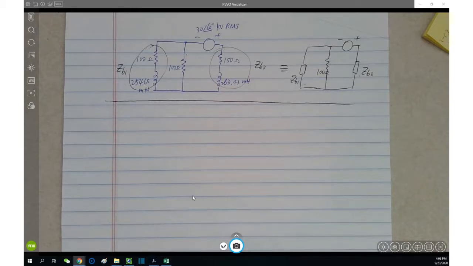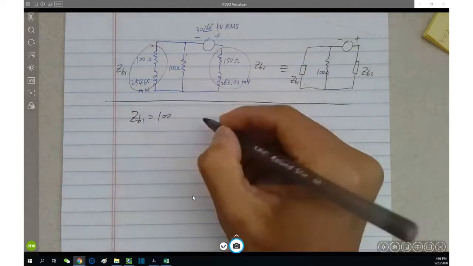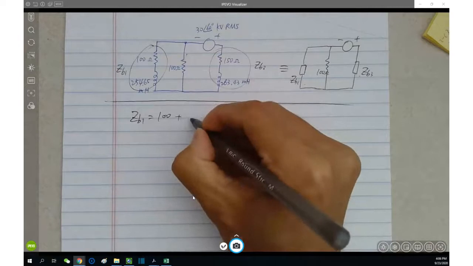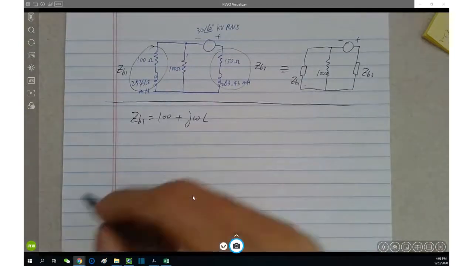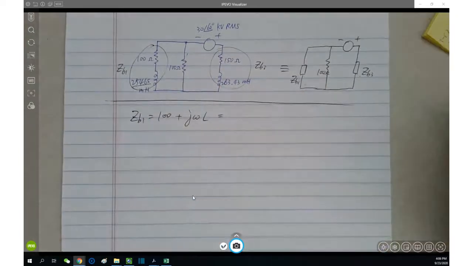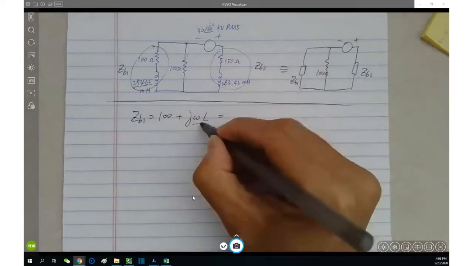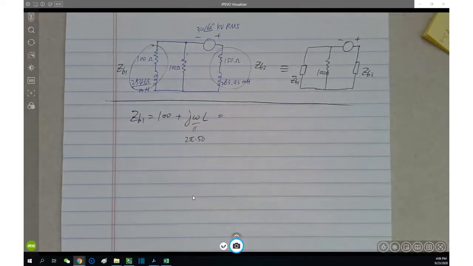If this is clear, then ZB1 equals 100 as the real part plus j omega L as the imaginary part. You substitute, and omega equals 2 pi f. But be careful, the problem tells you f is not 60, it's 50.